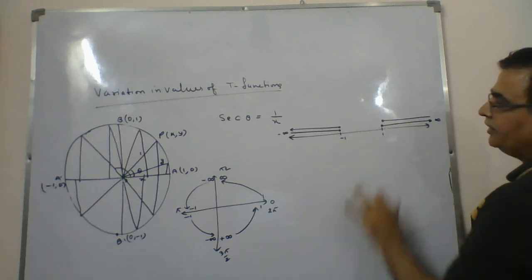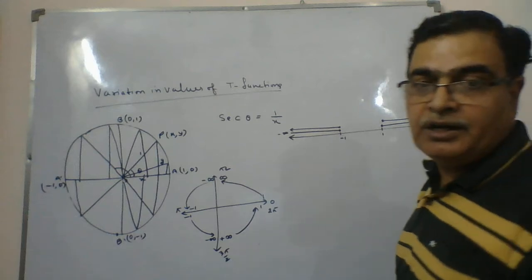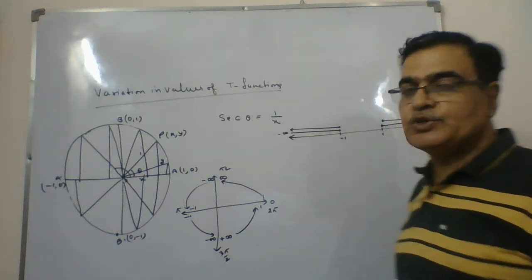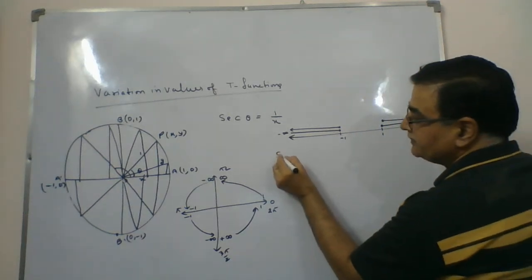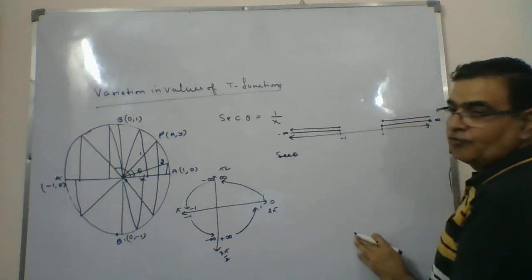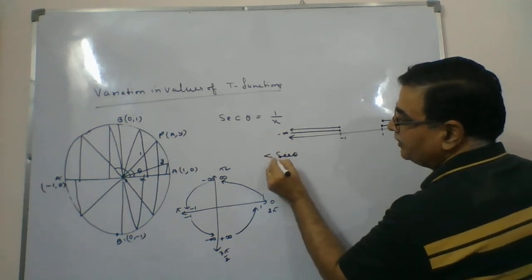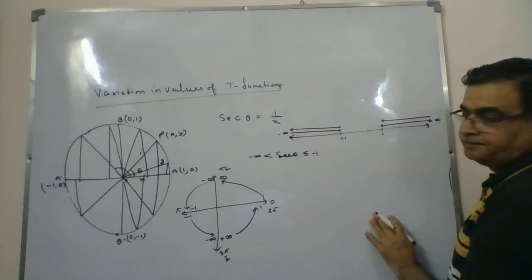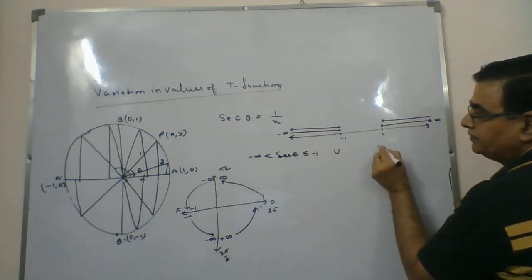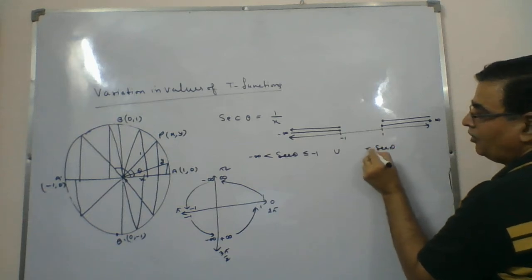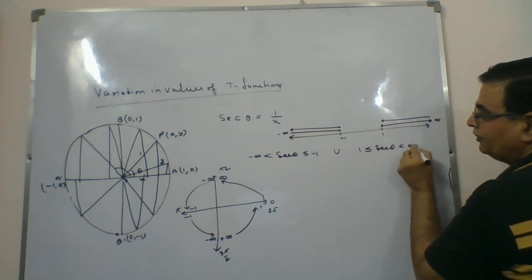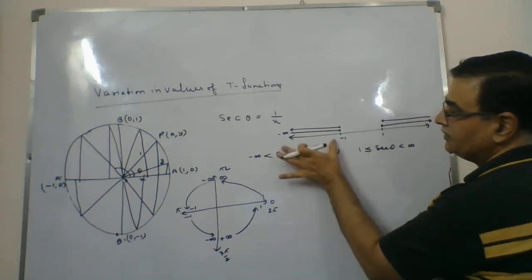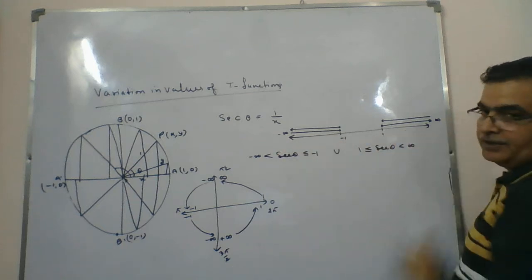So it is not taking any value between minus 1 and 1, except that all the real values it is taking. So we will say sec theta goes between minus infinity to minus 1, then union sec theta from 1 to infinity. This part, then it breaks, then this part.